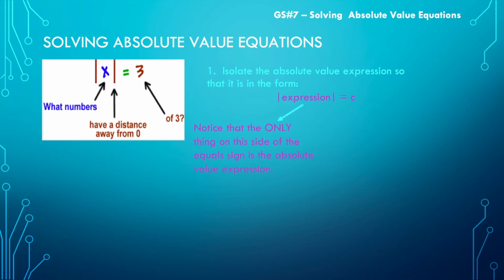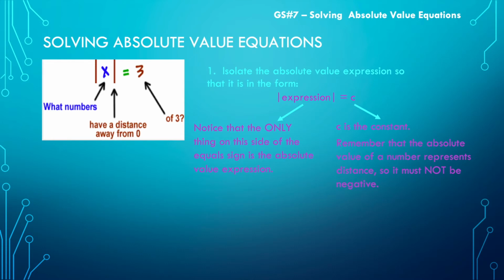Now notice on the left-hand side, there is only the absolute value expression, and on the right-hand side, we have some constant. This is going to be important later because remember that absolute value represents distance from 0, and distance is never negative.